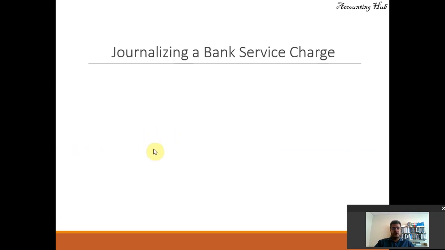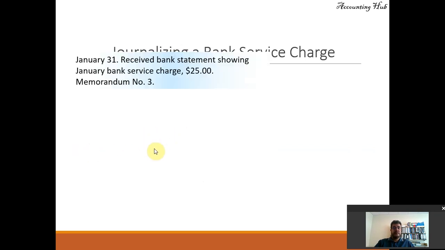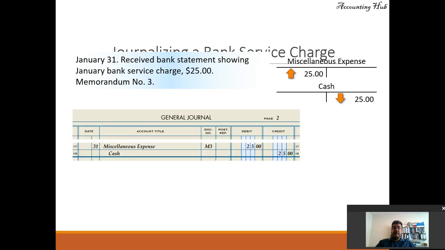So how do we journalize it? This 25, miscellaneous expense, usually it is a small number, and cash or checking account, depending on whether we are combining them or not. Usually we combine them in only one account. Debit, miscellaneous expense, 25, credit, cash, usually on the 31st, because of the chronological order.